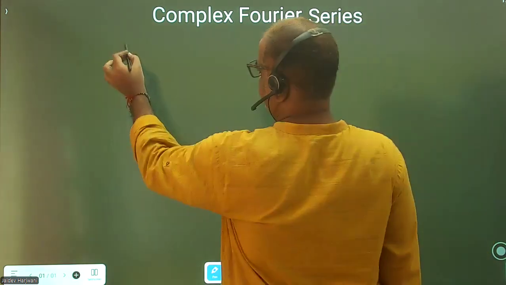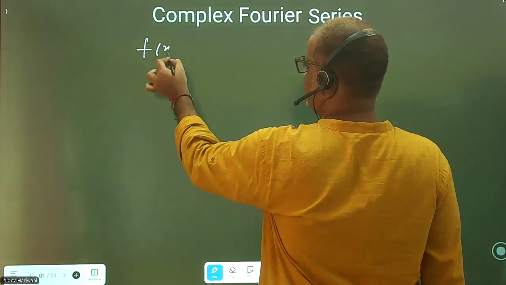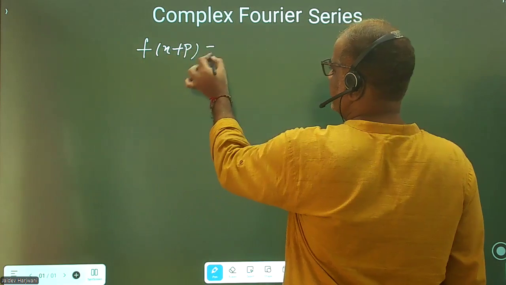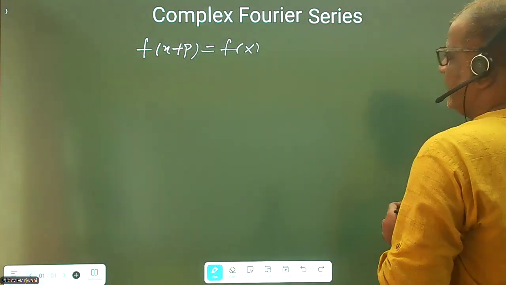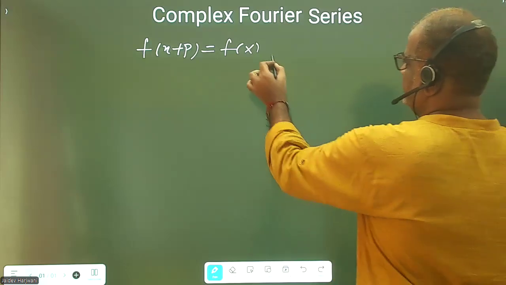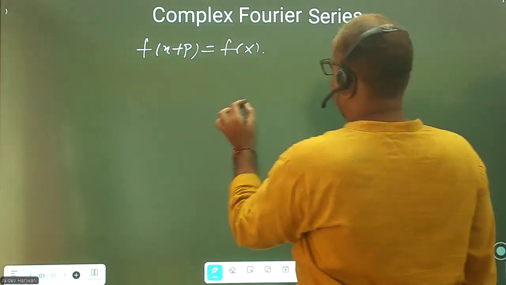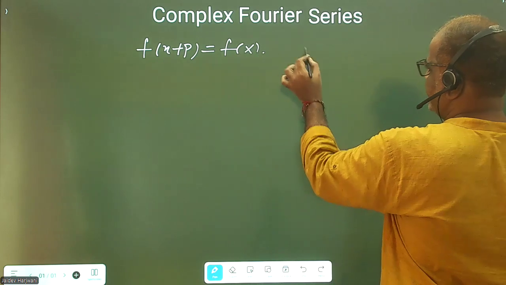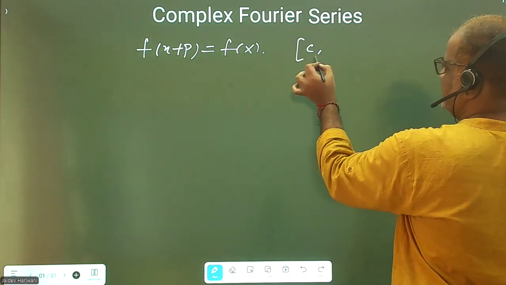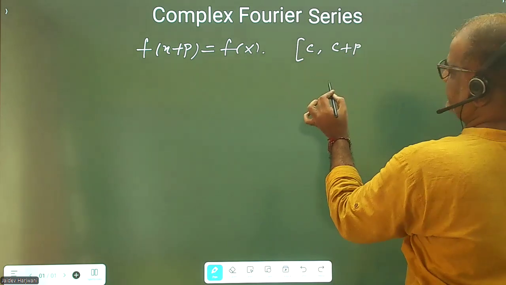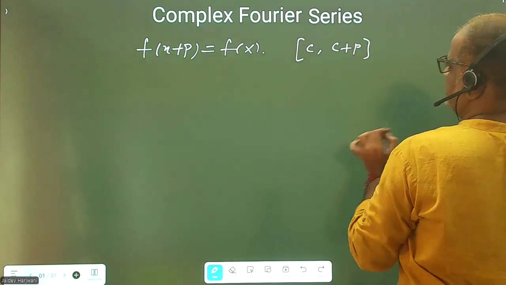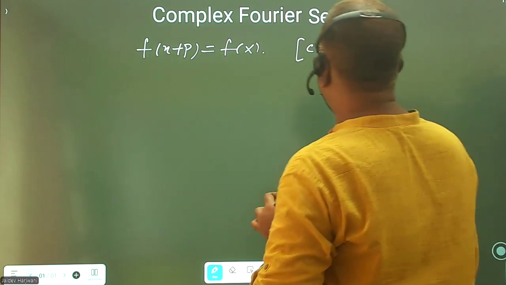So if I have a periodic function f(x + p) = f(x), and its periodic extension is in the interval, say, c to c plus p, then what can I write?